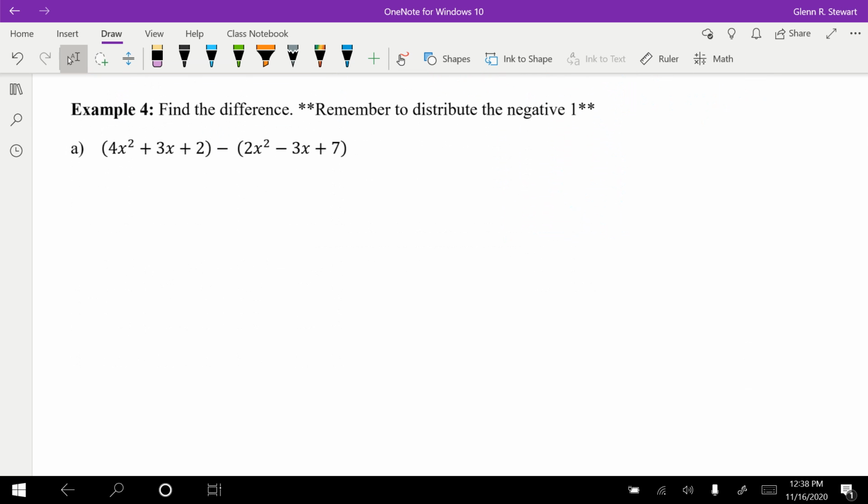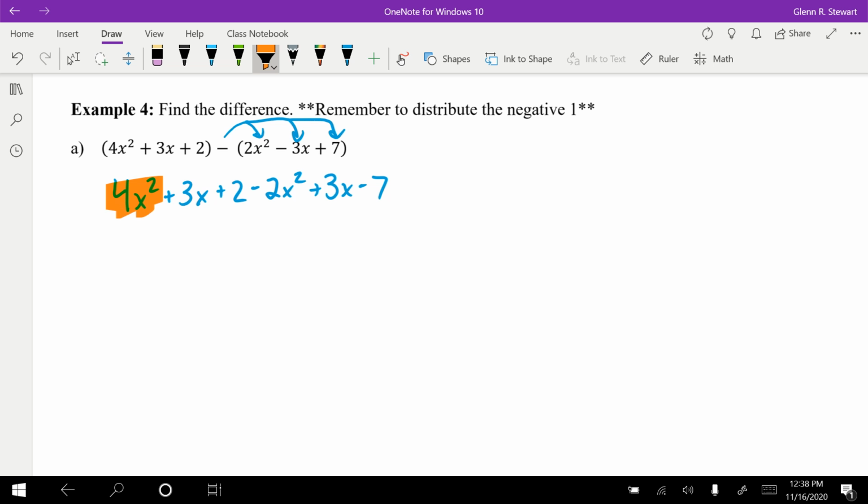Here's example 4. This is finding the difference. So in this problem, we have a negative symbol, and with this negative symbol, we have to distribute it to everything that is behind it in the parentheses. So I'm going to rewrite my new equation as 4x squared plus 3x plus 2 minus 2x squared plus 3x minus 7. I then need to combine my like terms again, things that have the same value x, y. I'm looking at the coefficient.